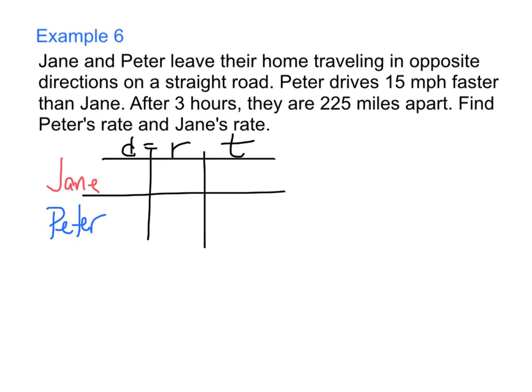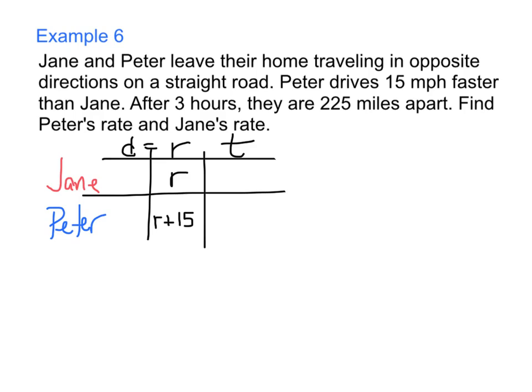All we know is that Peter drives 15 miles per hour faster. So we're going to let Jane be R. We could use X or whatever. So if Jane drives R, how fast does Peter go? If Peter goes 15 more than Jane, and Jane is R, what expression are you going to put for Peter? Good. R plus 15.